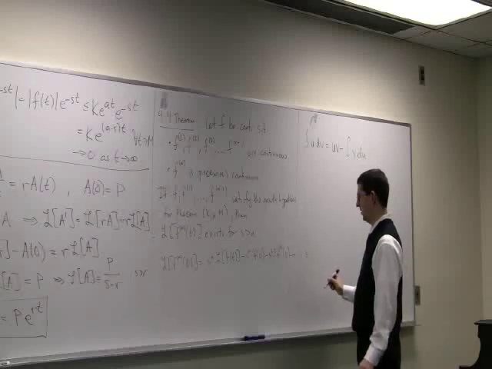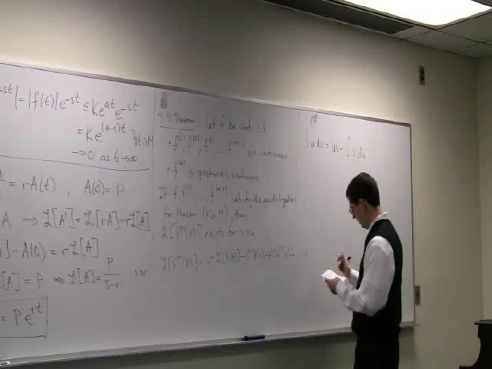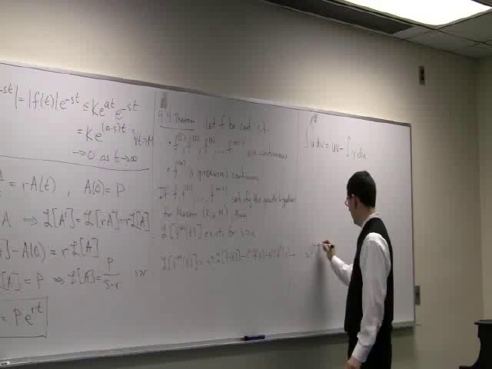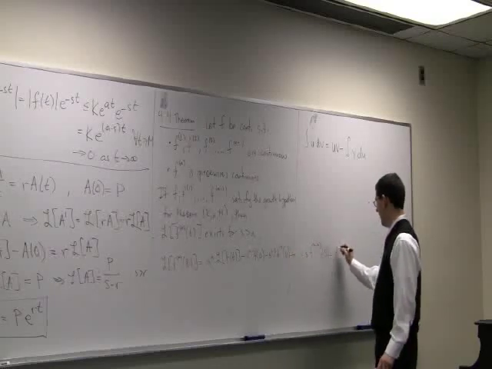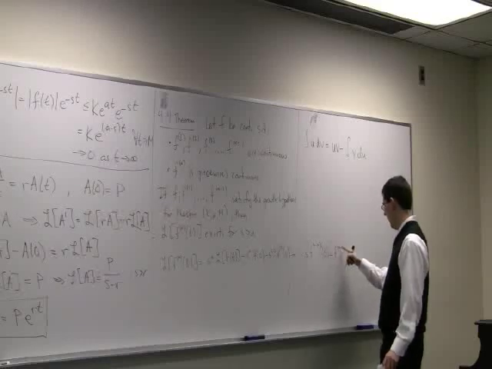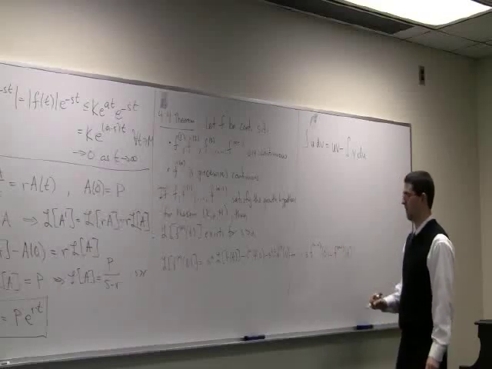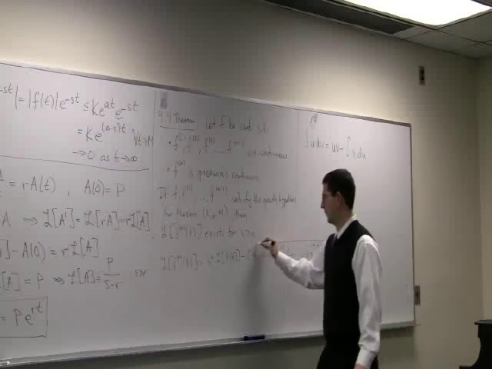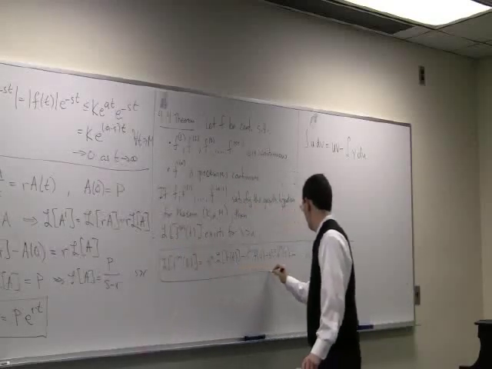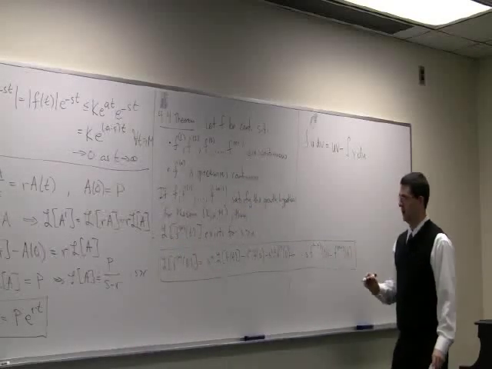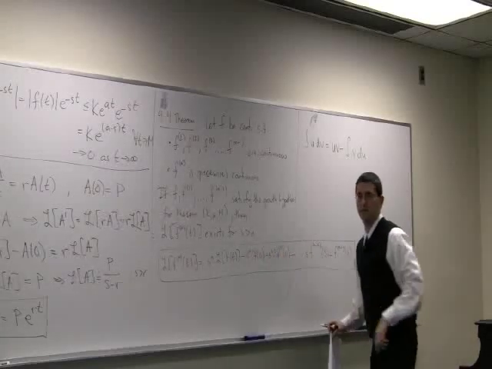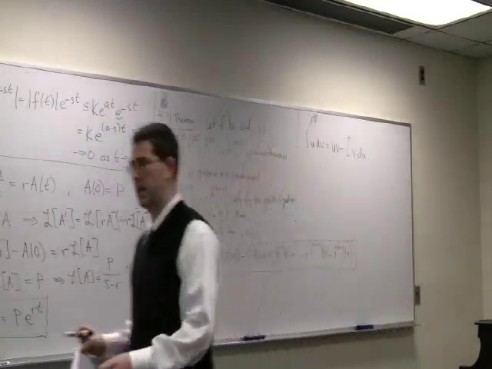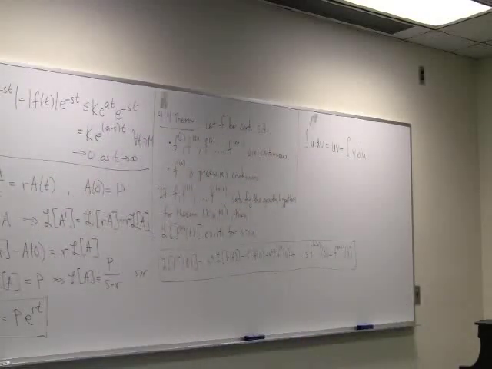Right? So you get an s, what do we, I guess it's f to the n minus 2. Right? They should always add up to n minus 1. And then the last one is the n minus first derivative at 0. Okay, so the nice thing, though, is that only one term gets a Laplace transform. Right? That's the first term. Everything else is going to incorporate initial value data.